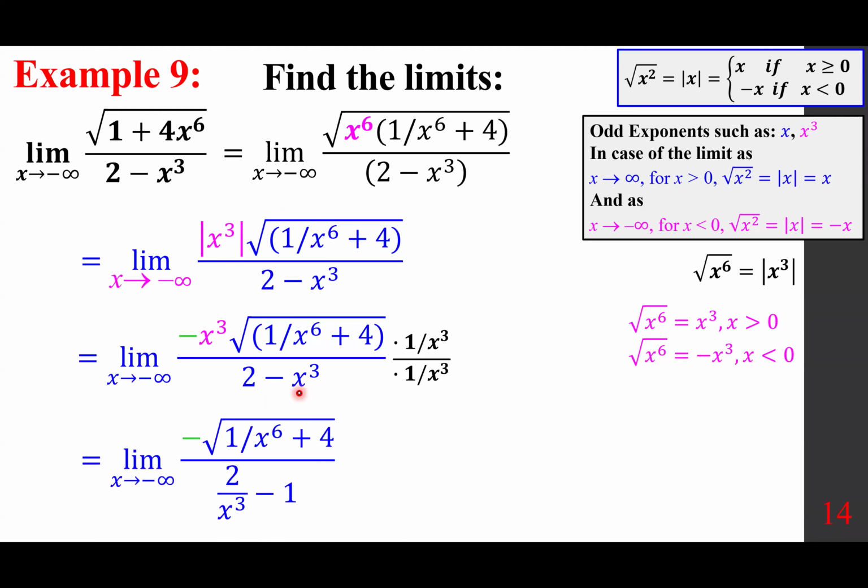And now, if you let x approach infinity or negative infinity, it makes no difference. This goes to 0, this goes to 0, this goes to 0. And you get 2 over negative 1. 2 comes out. Negative 2 over negative 1 is positive. So be careful when you evaluate this, everybody.